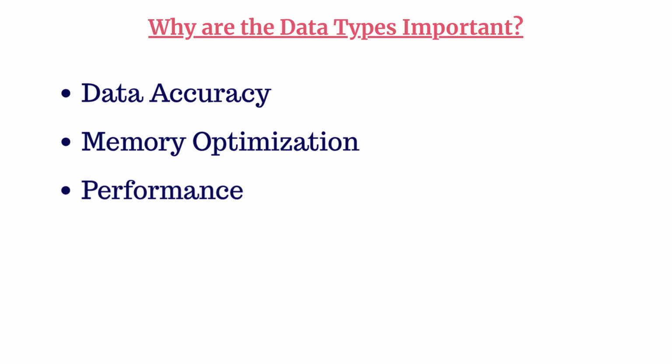Third is performance. Using appropriate data types for each column can speed up query resolution, saving time and resources. And fourth is data integrity. It maintains consistency in the database.